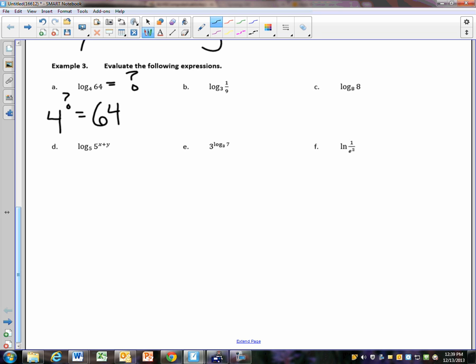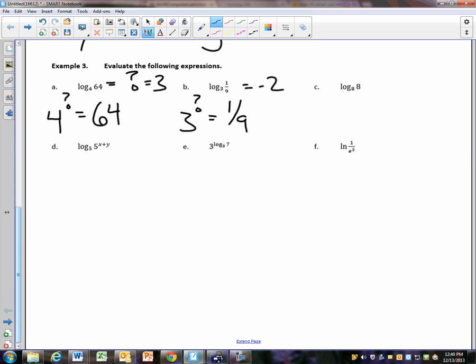What do you raise 4 to get 64? 3. So the answer is 3. Next one is 3 to what power is 1/9? Very good. Positive 2 would give you 9, so negative 2 gives you the reciprocal, 1/9.